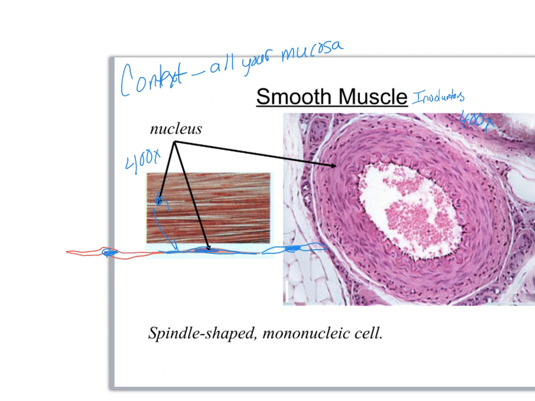So if we look over here at this picture, you can't really see the individual cells. What I can see are the nuclei all going kind of in a linear direction. I've got the lumen of a tube, therefore I know for a fact that this is a mucosa. So I'm seeing something that stains pink. It's got purple lines.